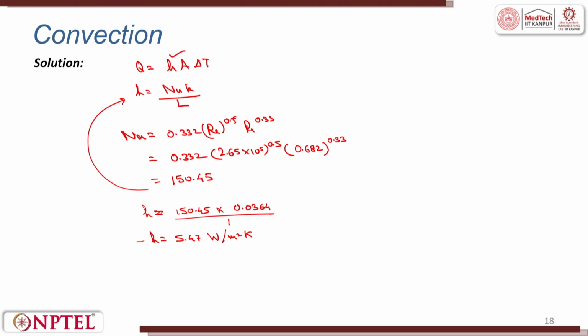This coefficient of the convective rate of heat transfer is put into this relation, we get the value of Q as 5.47, that is value of H, into area. Area is length into breadth, that is length is 1 and breadth is 0.3. This times the change in the temperature, that is 250 minus 78.